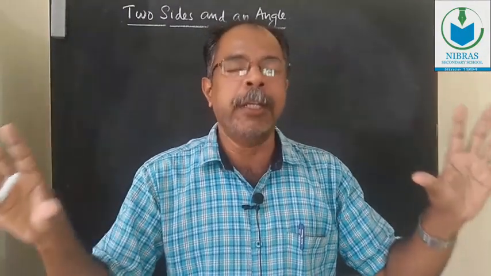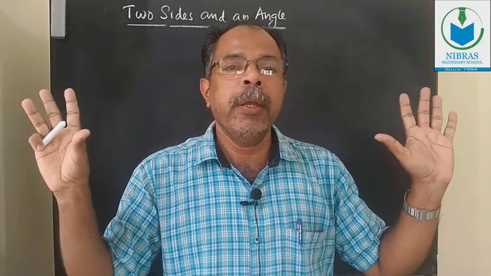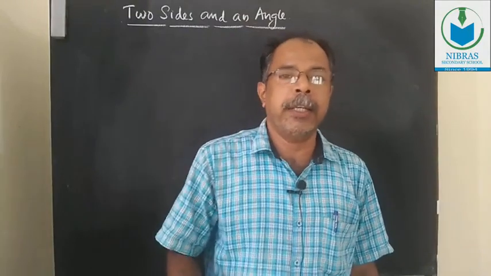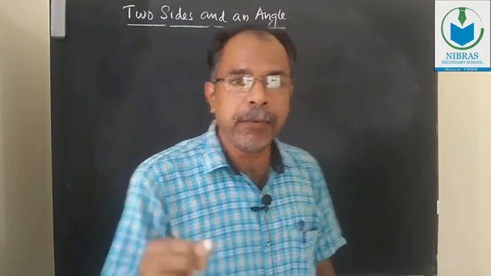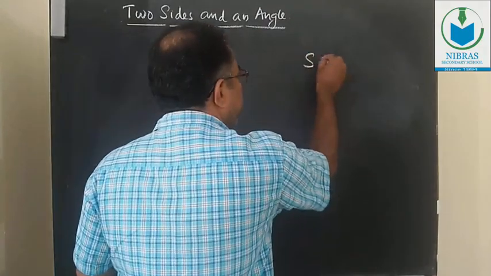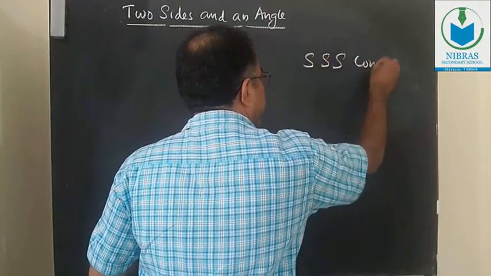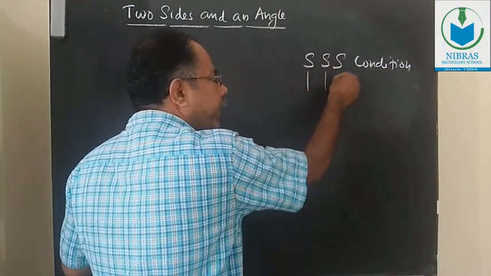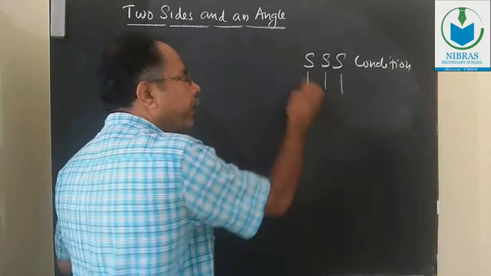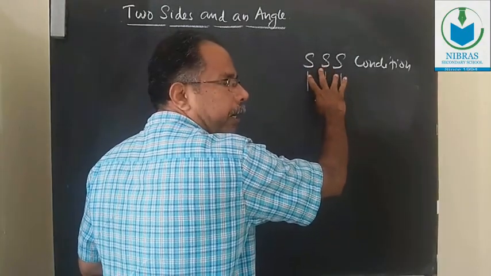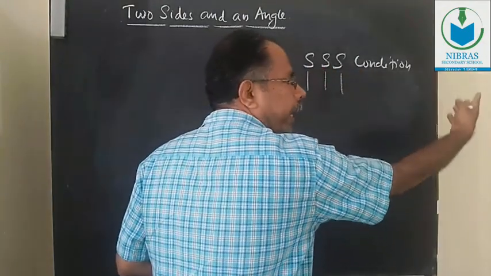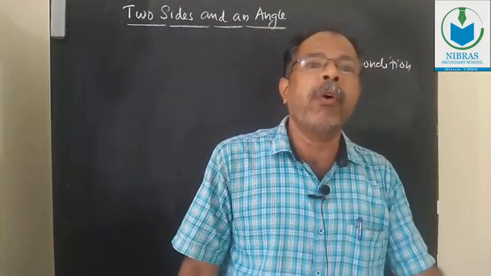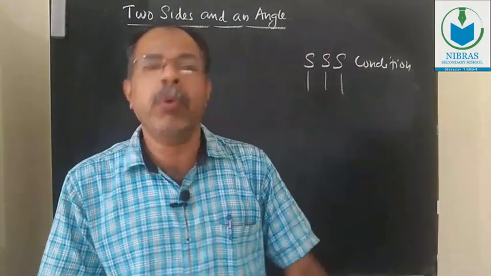This condition is often referred to as SSS condition for equality. What is SSS? S for side. The three sides of a triangle equal to the three sides of another triangle, then the two triangles are equal. This is the first condition for two triangles to be equal.